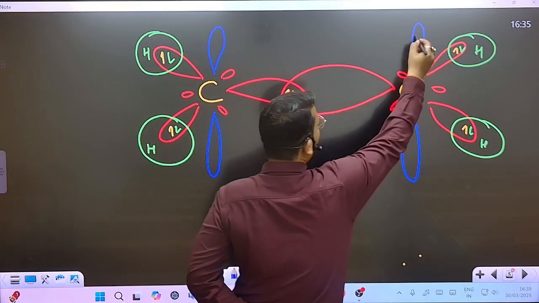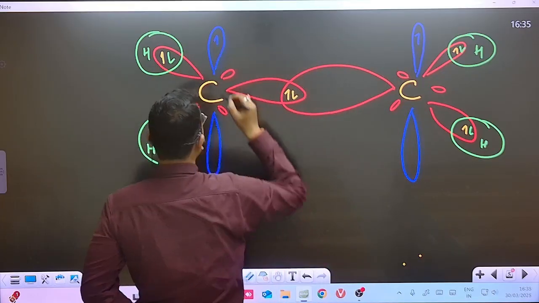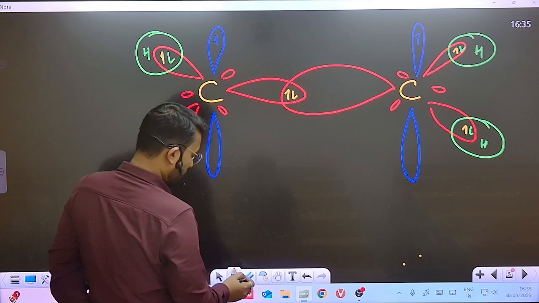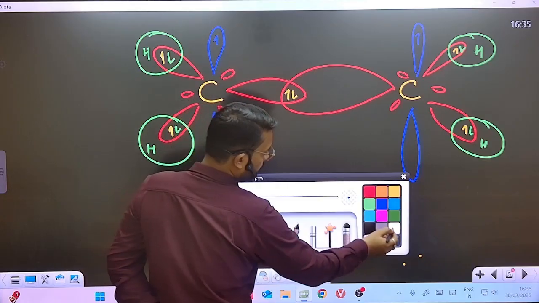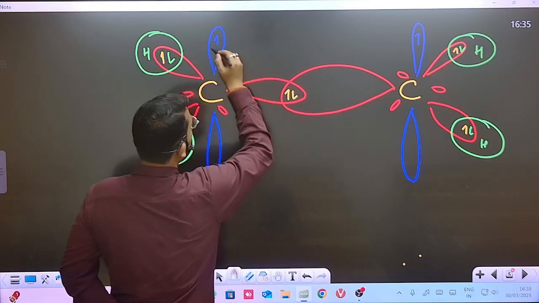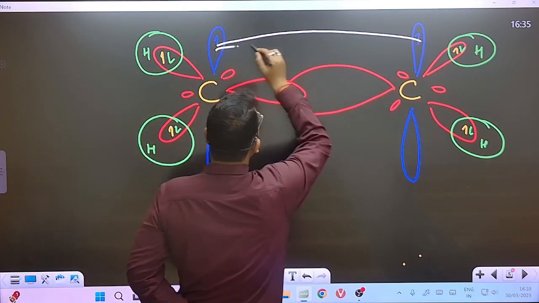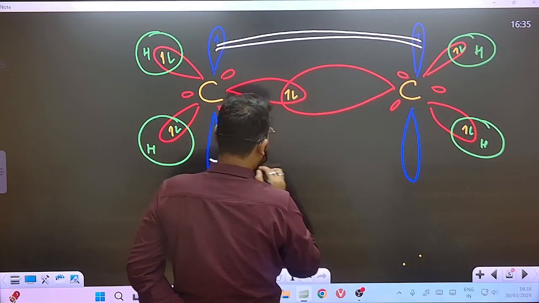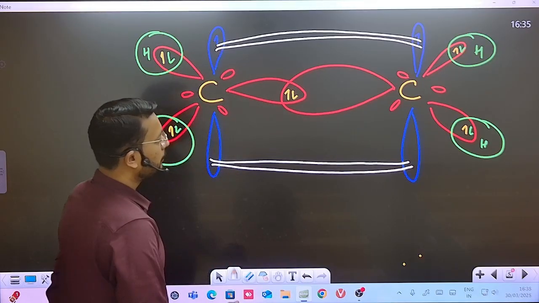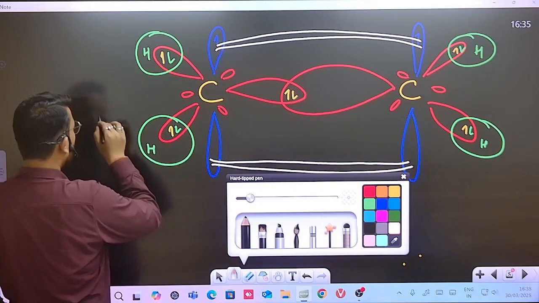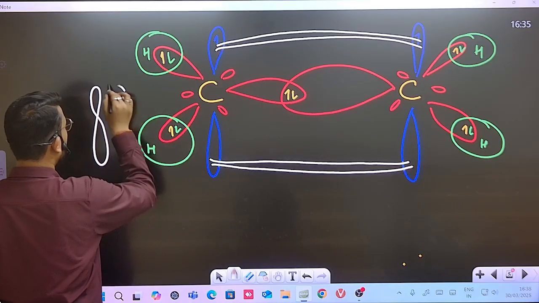It has 1 electron each, and this will do overlapping to make carbon's 4 bonds satisfied.